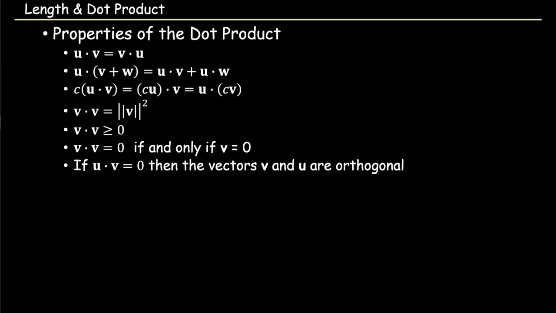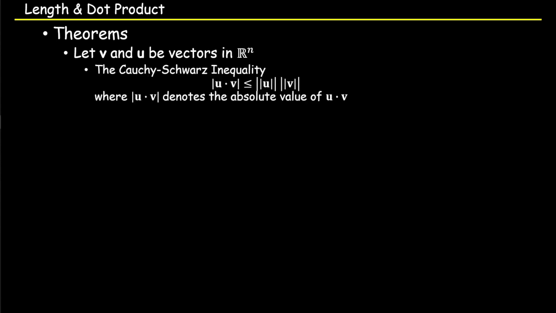So now we're going to move forward to our last thing, and it will be a couple of theorems. Before we start with the theorems, we're going to define both vectors v and u as being in R^n. The first theorem is called the Cauchy-Schwarz inequality. I think it's Cauchy.